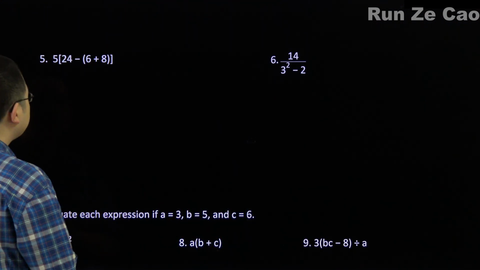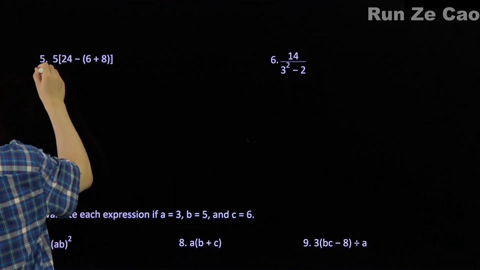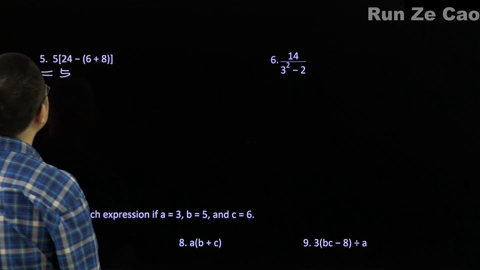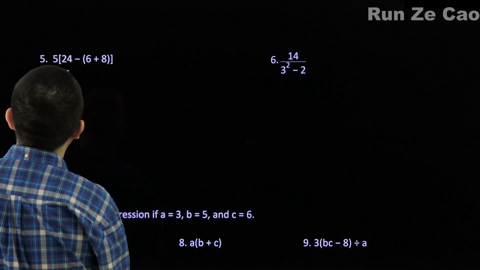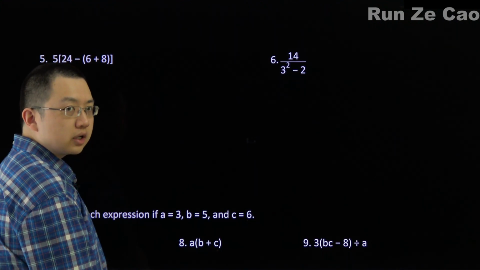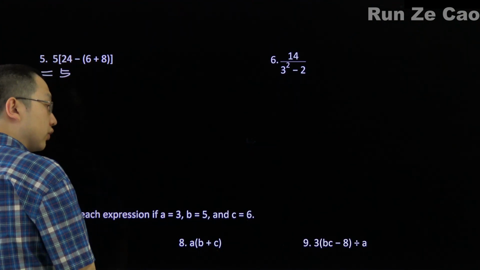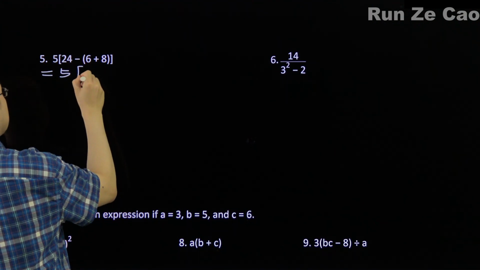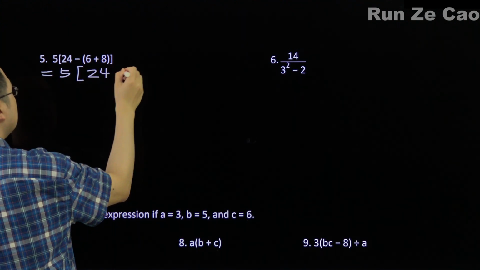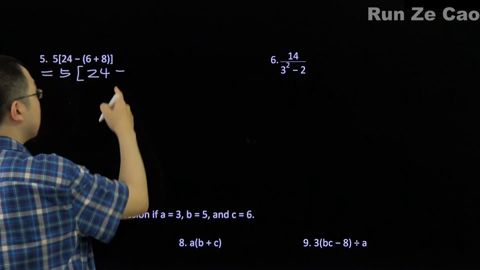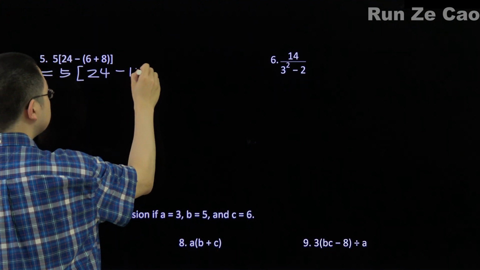For this, 5 times square bracket 24 minus round bracket 6 plus 8, and then close the brackets. You do the innermost bracket first. Okay, then, what do we do with the outer brackets? Do we leave them as square brackets to show where they came from in the step prior?